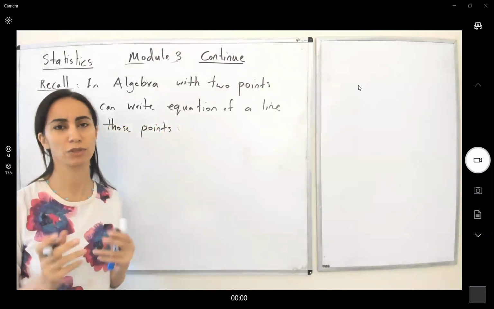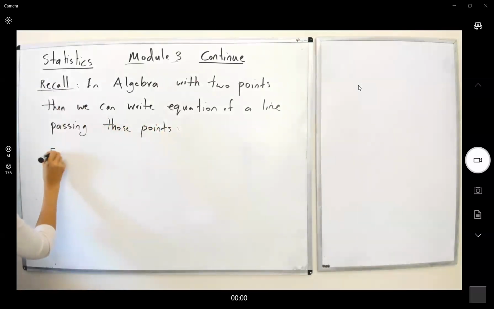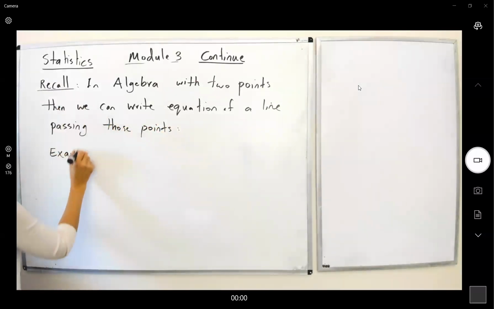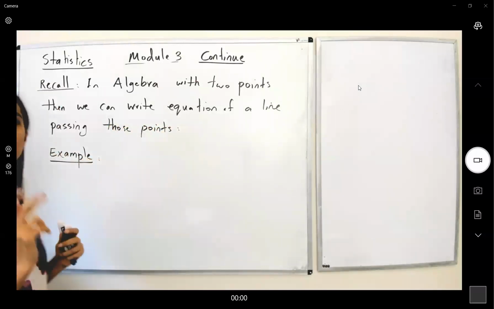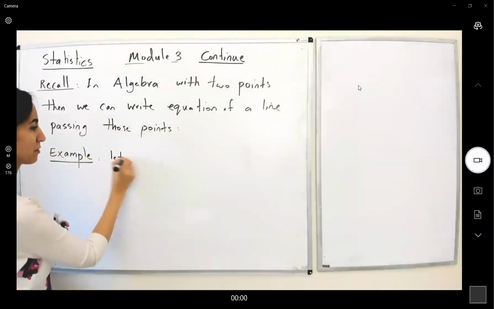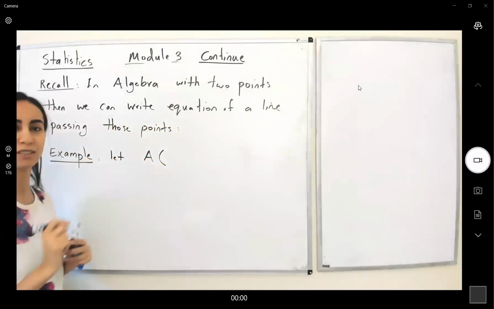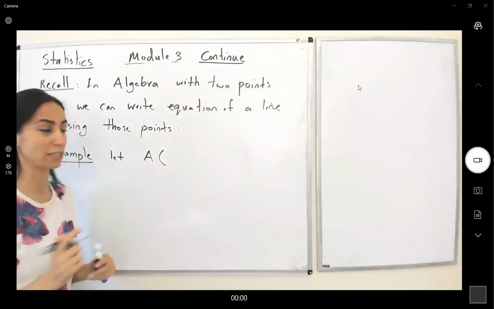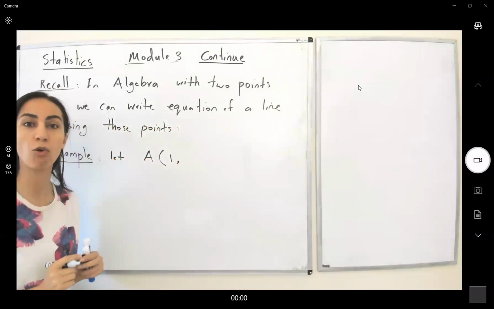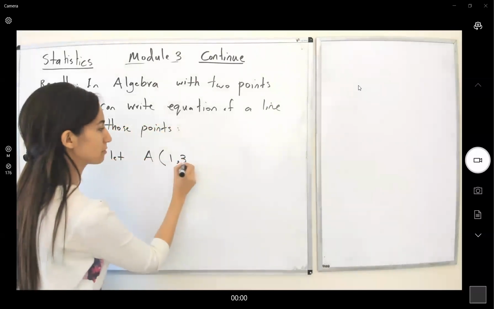Let me give you an example. Suppose you have 2 points. Let A be the point with first coordinate 1 and second coordinate 3.